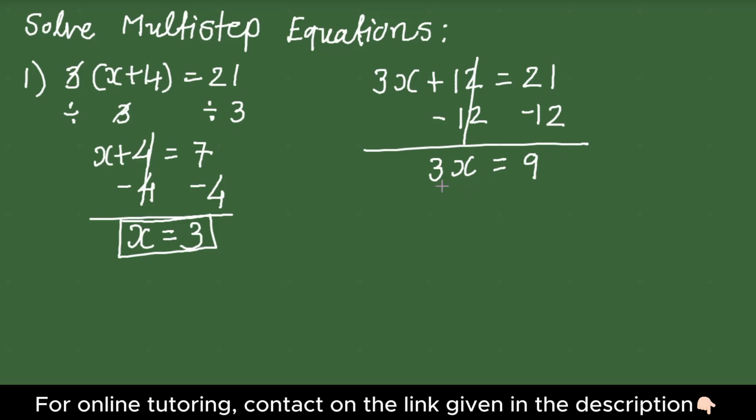So to remove 3, we have to do exactly the opposite of the multiplication, which is division. So we will divide both sides by 3. So 3 divided by 3 is just 1. So only x will be there on the left side, and on the right side 9 divided by 3 will be 3. So x is equal to 3.